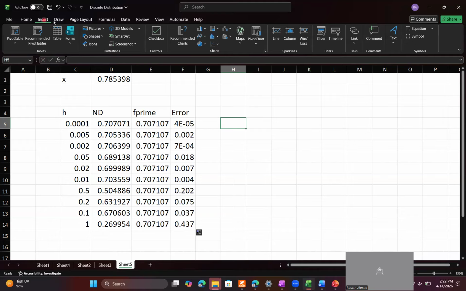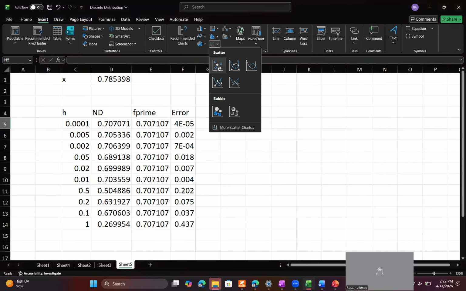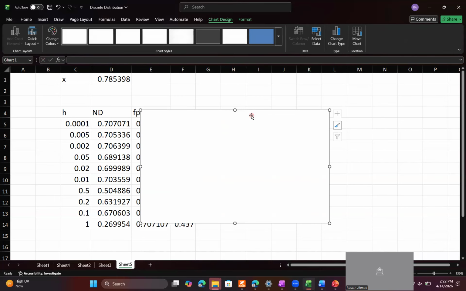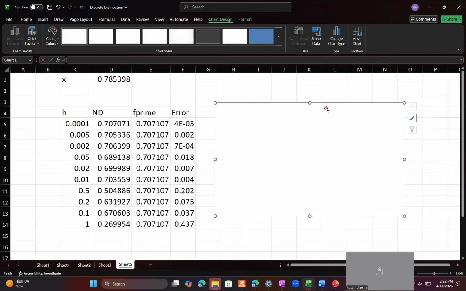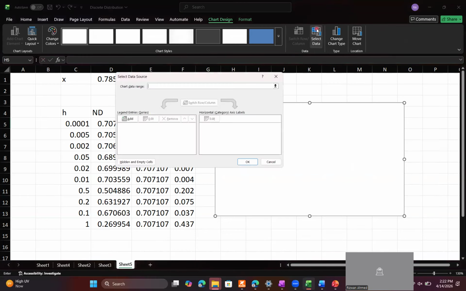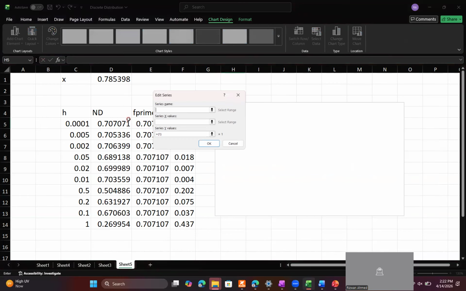So I insert a graph. So I choose these data points, this chart. Okay. Select data. So add a series.